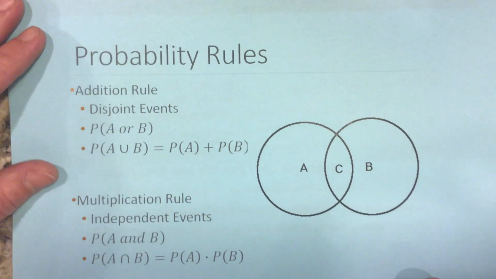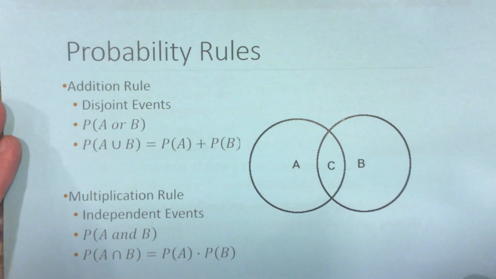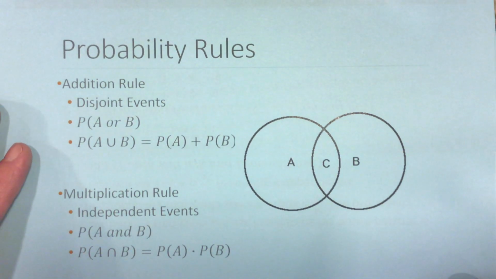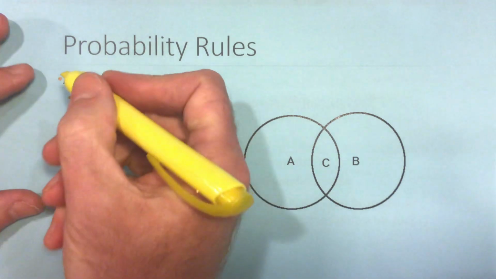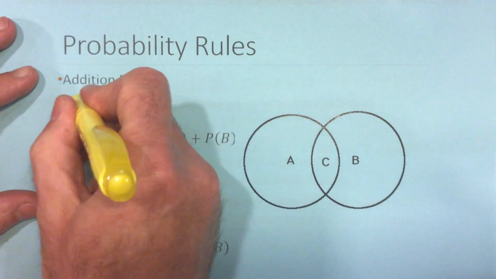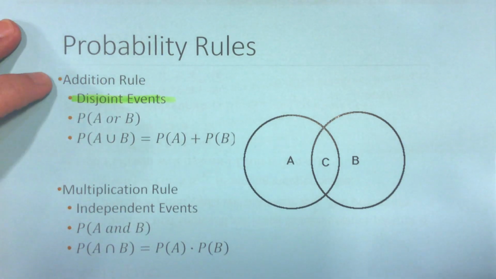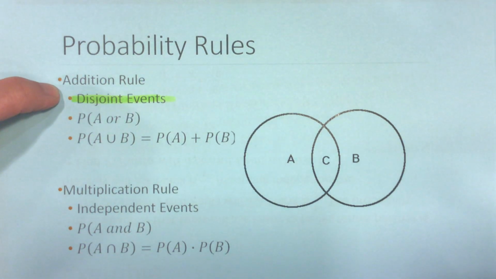All right, here are some rules. A lot of students fall in love with these two rules and try to use them on every single problem. But it's very important to note: this is the addition rule for disjoint events. You may not use this for joint events. It only works for disjoint events.